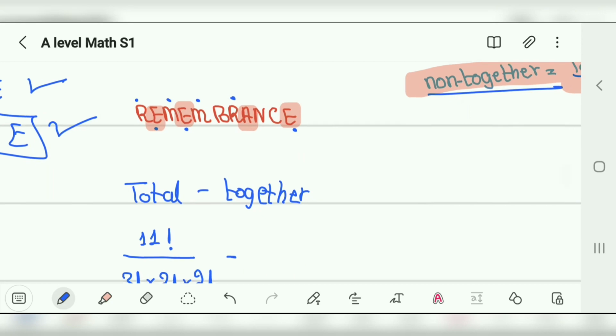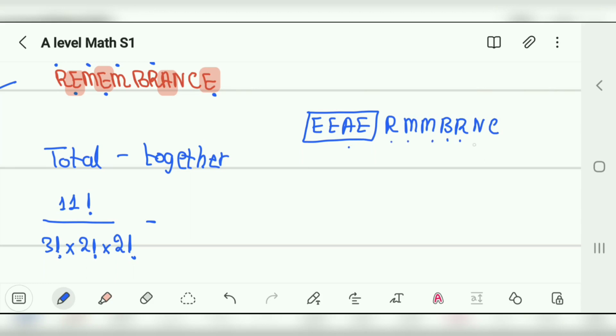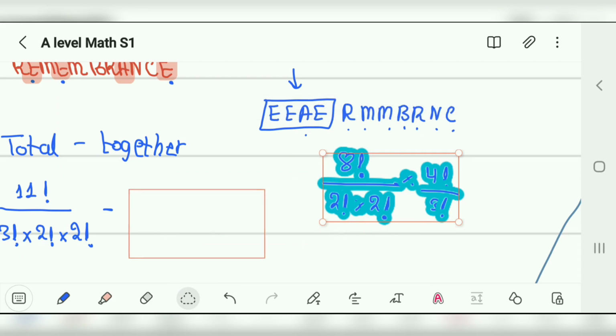So there are actually 4 vowels, which means E, E, A, E, they are all together, and the rest of them are R, M, B, R, N, C. 1 2 3 4 5 6 7 8, there are 8 factorial upon 2 factorial multiplied by 2 factorial, and inside the box 4 factorial, and inside there are 3 E's, so upon 3 factorial, and this is what we're going to put in here.